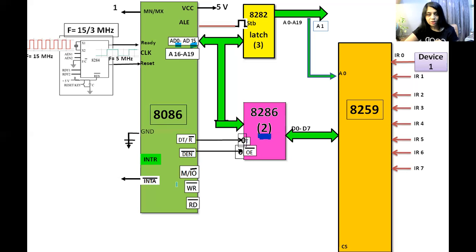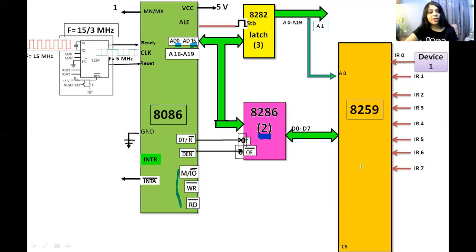Now here you can see there are three more pins of 8086, that is read bar, write bar and memory/IO bar. Whenever 8086 wants to write something in 8259, the write bar pin should be at logic 0, and when 8086 wants to read something, the read bar will be at logic 0.